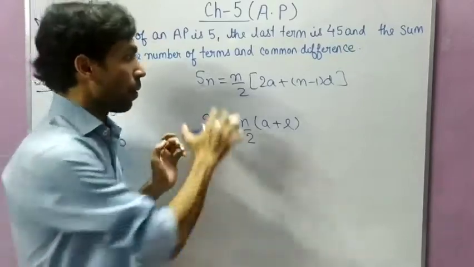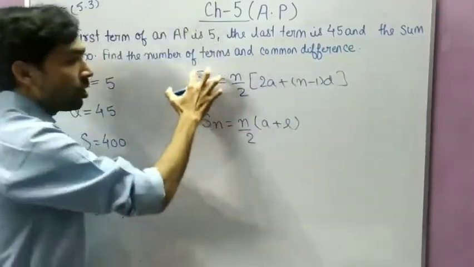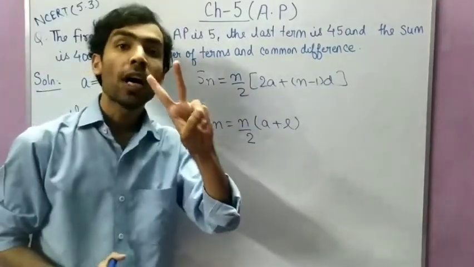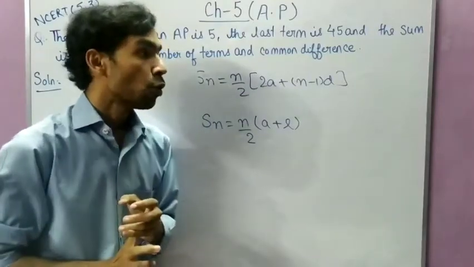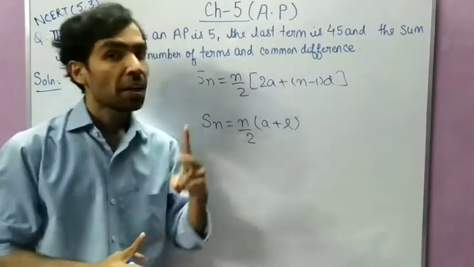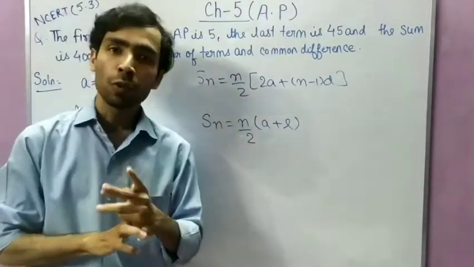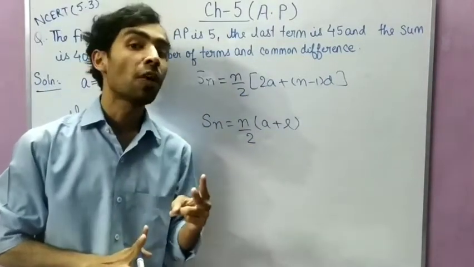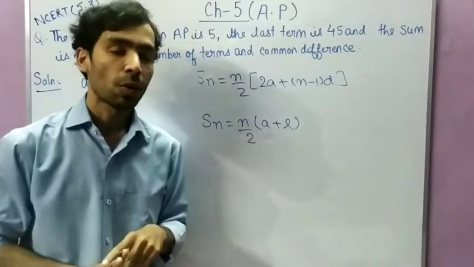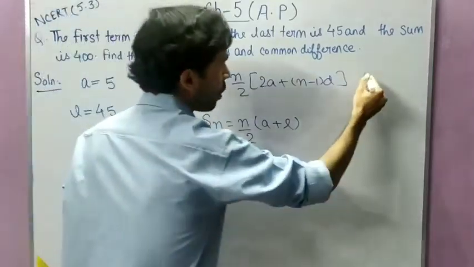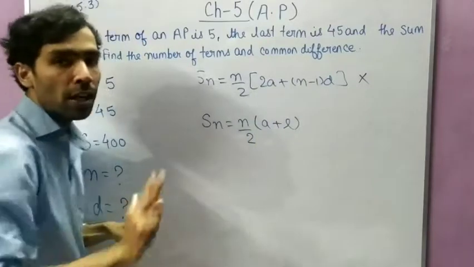So when we take this equation, there will be two unknown variables. So equation is 1, variables are 2, so we cannot solve it. Because for solving two variables we need at least how many equations? Two equations. Okay, so this formula we will not use because n and d both are unknown.